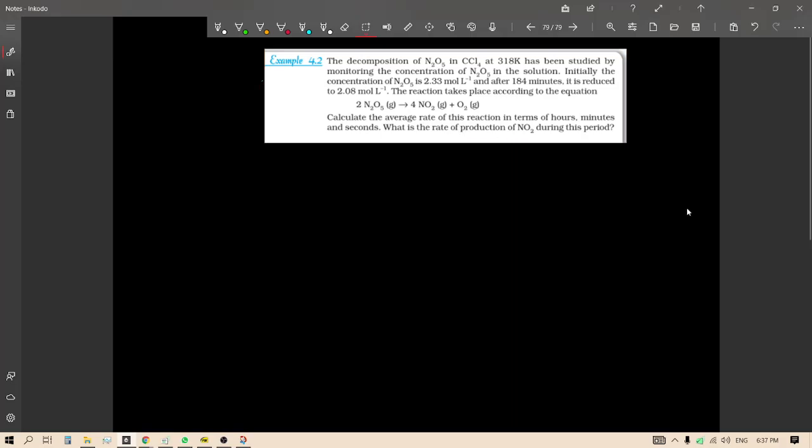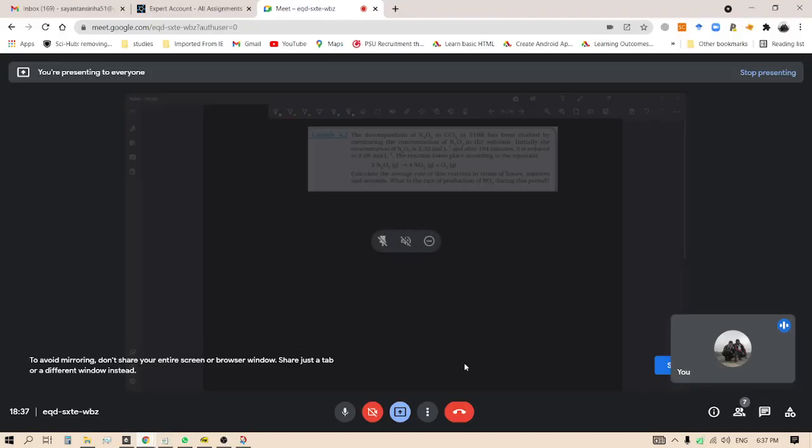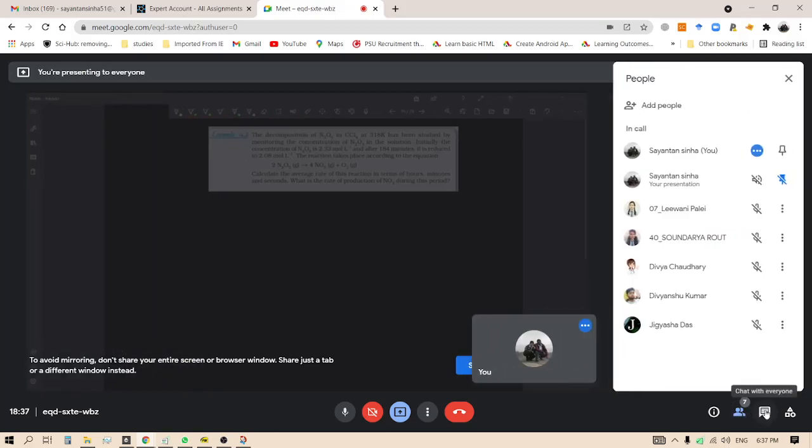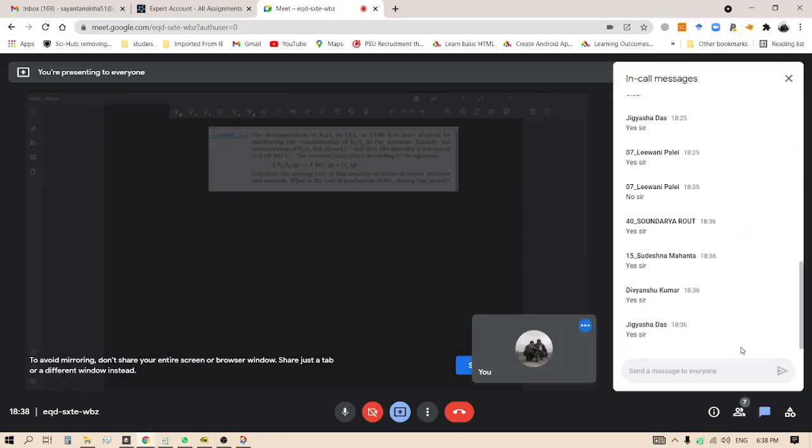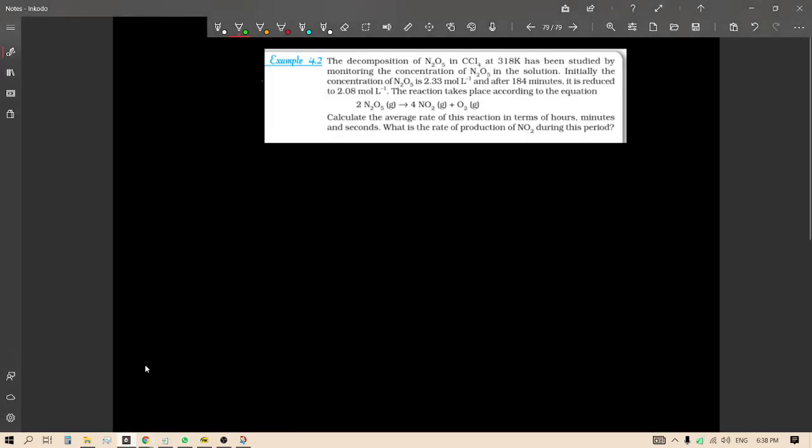So this is the problem. I hope the problem is visible to all. Yes, sir. Okay, cool. So what does it say? It says that the decomposition of N2O5 in CCl4 at 318 Kelvin has been studied by monitoring the concentration of N2O5 in the solution.